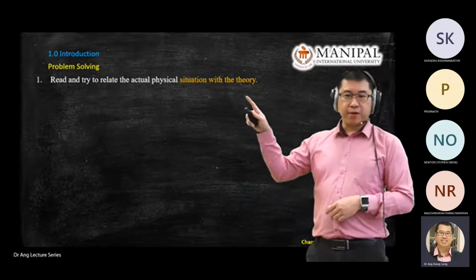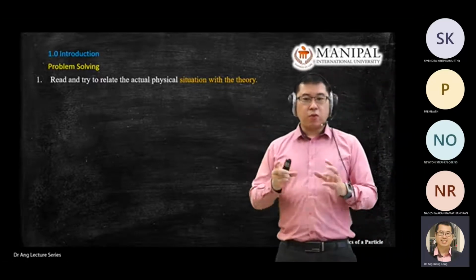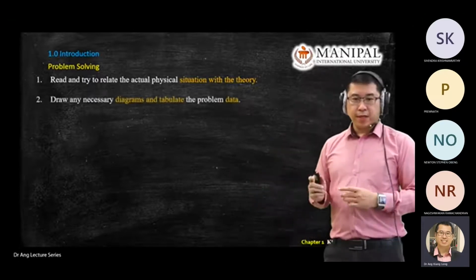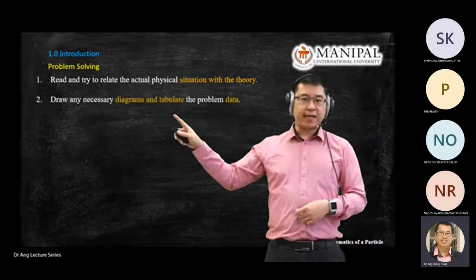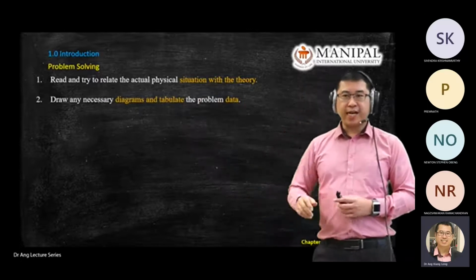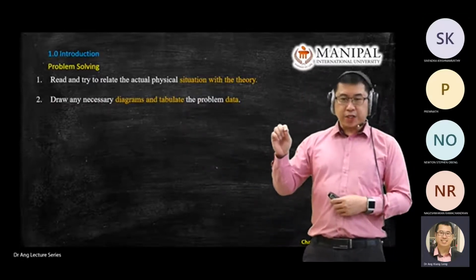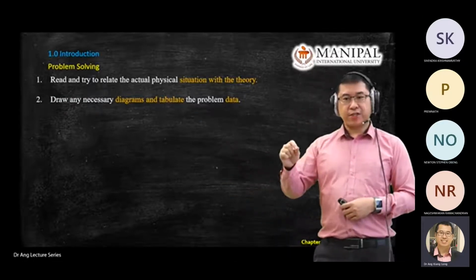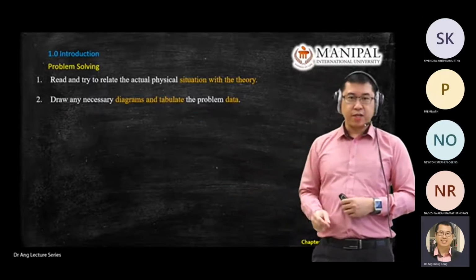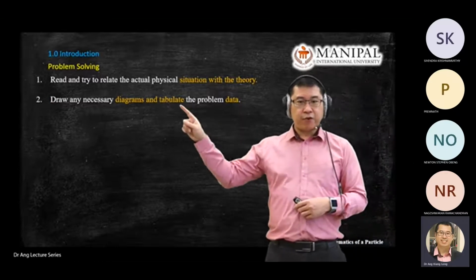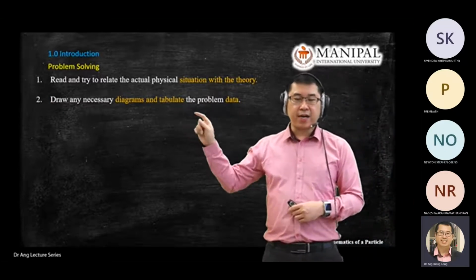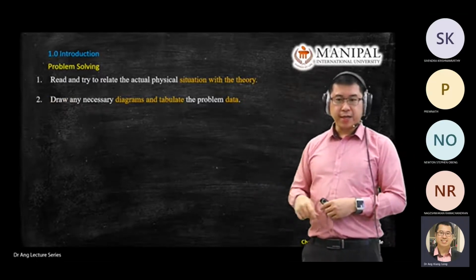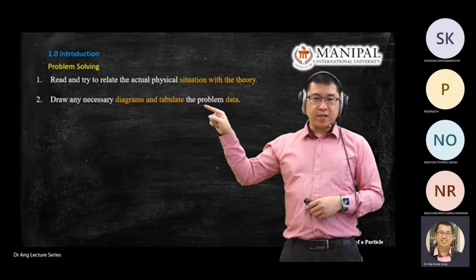So the first step: read the question and relate it to which chapter it belongs. Then it's highly recommended that you visualize the question using a diagram. It means you sketch the situation on your answer sheet, and if you have been given some data, you write the data together with the diagram that you draw. First read, second you draw.